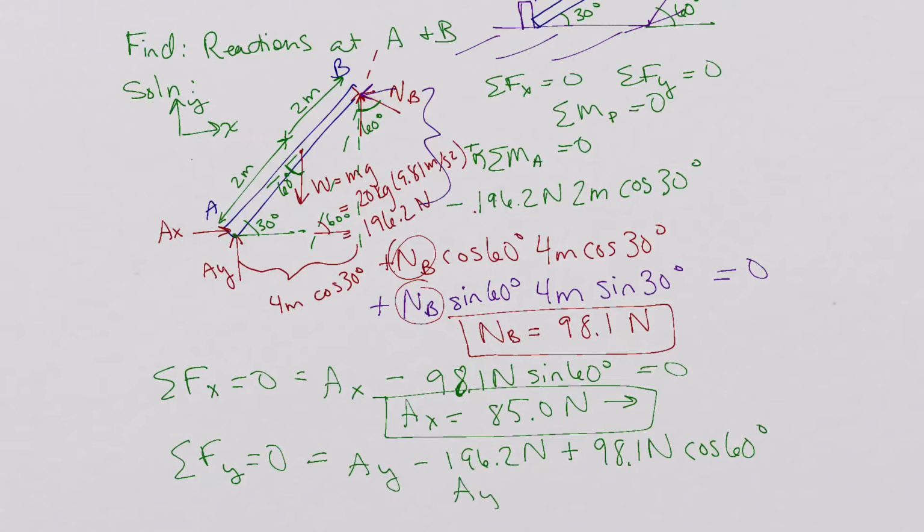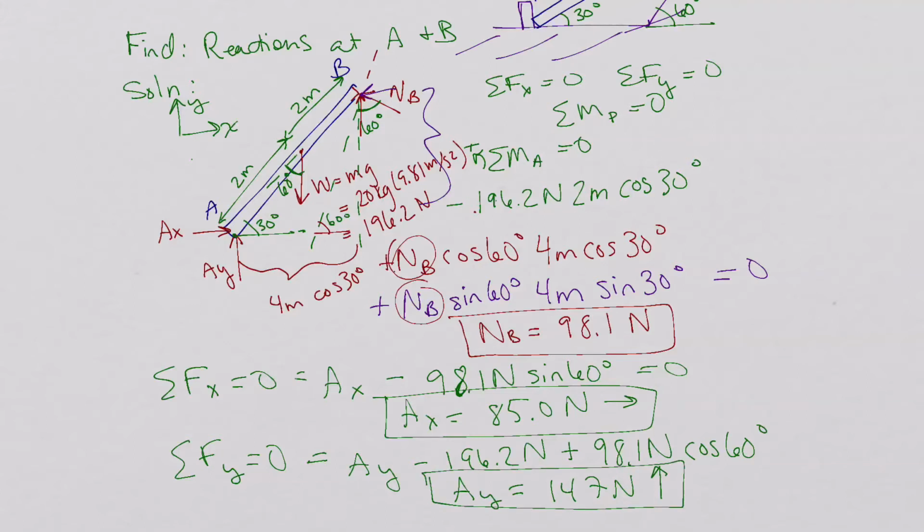And so with that, we'll get AY: it's 196.2 minus 98.1 times cosine 60, so AY equals 147. I got positive again, so that means we guessed right, so AY is up.